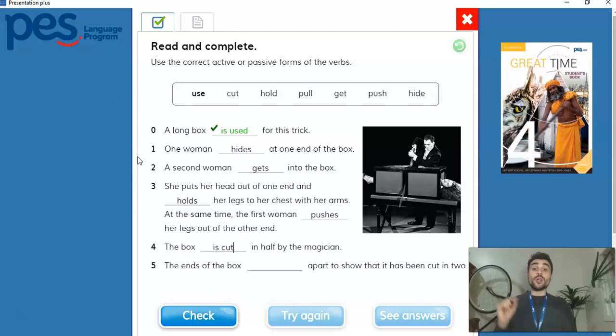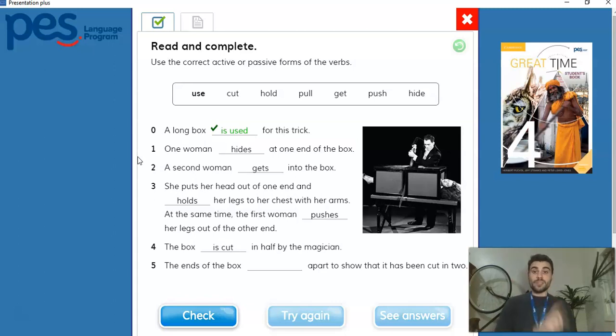Important. Remember, not all verbs in English change their forms when we move into the past form or the past participle form, right? Because cut, for example, is one example. I say cut in the infinitive present, cut in the past, and cut in the past participle. Different from do, for example, because do is do, did, done.